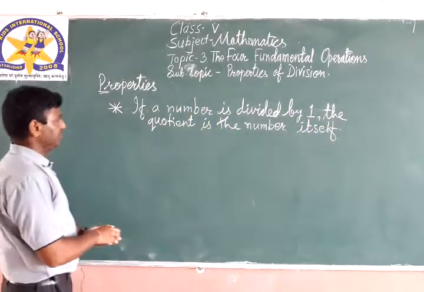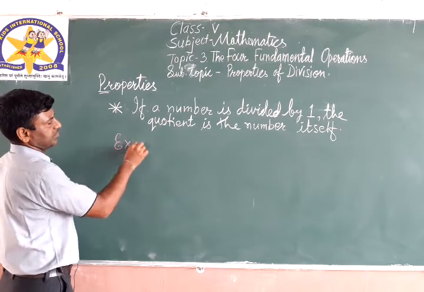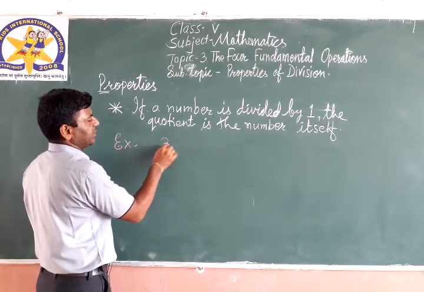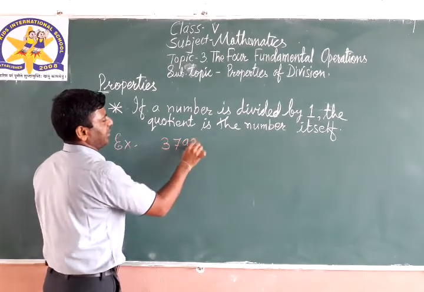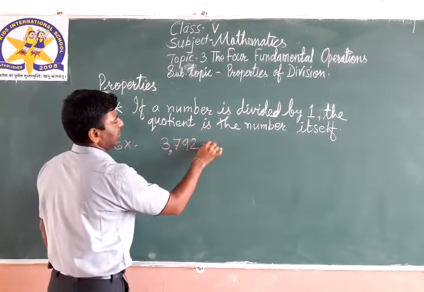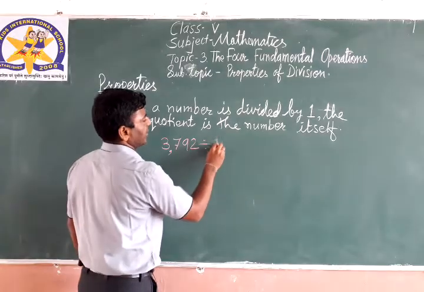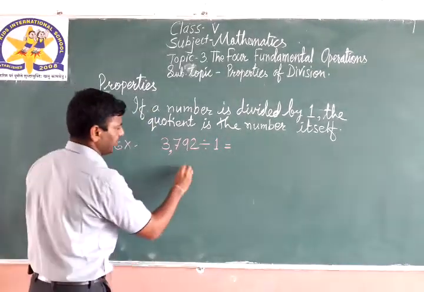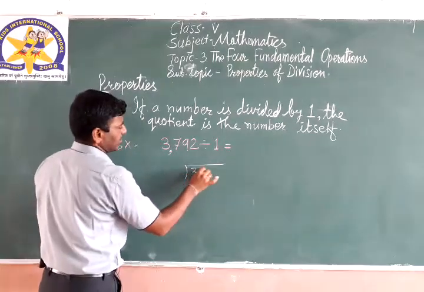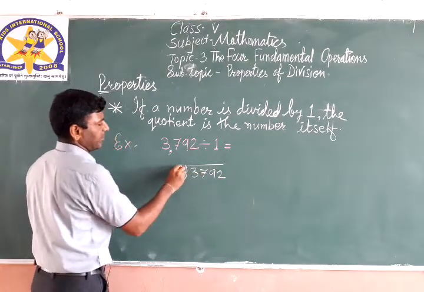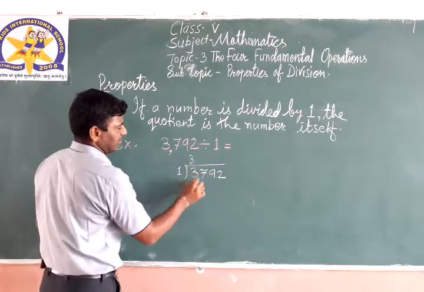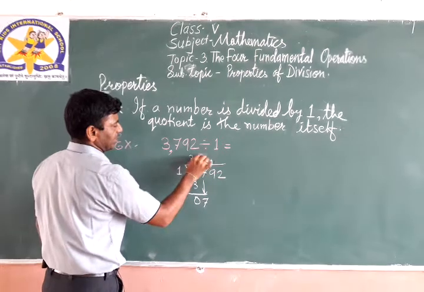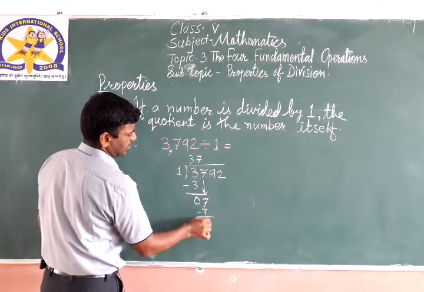Let's take an example. 3792 divided by 1. How we will divide? Like this: 3792 divided by 1. 1 3 is 3. Then next digit, 1 7 is 7.